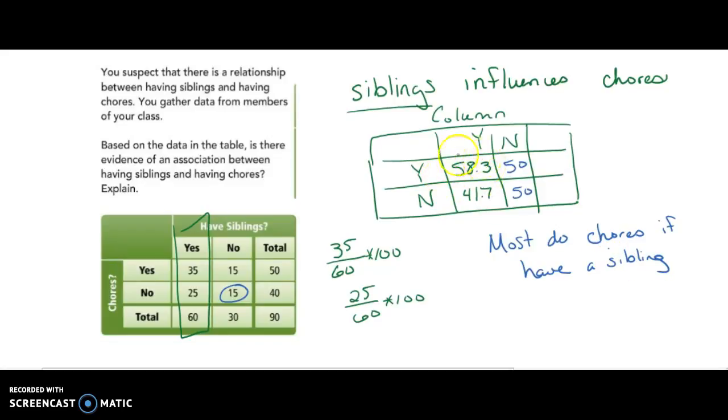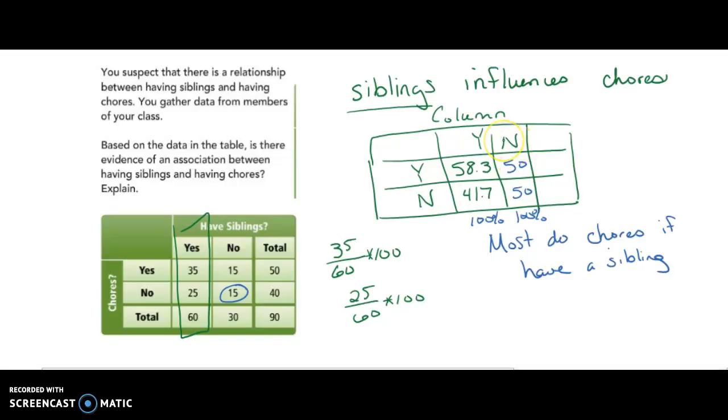Because we're looking at us, we have 58% out of the total number of us who have siblings are going to do chores. And then if we have siblings and no chores, that's only going to be a few of us, only 41%.